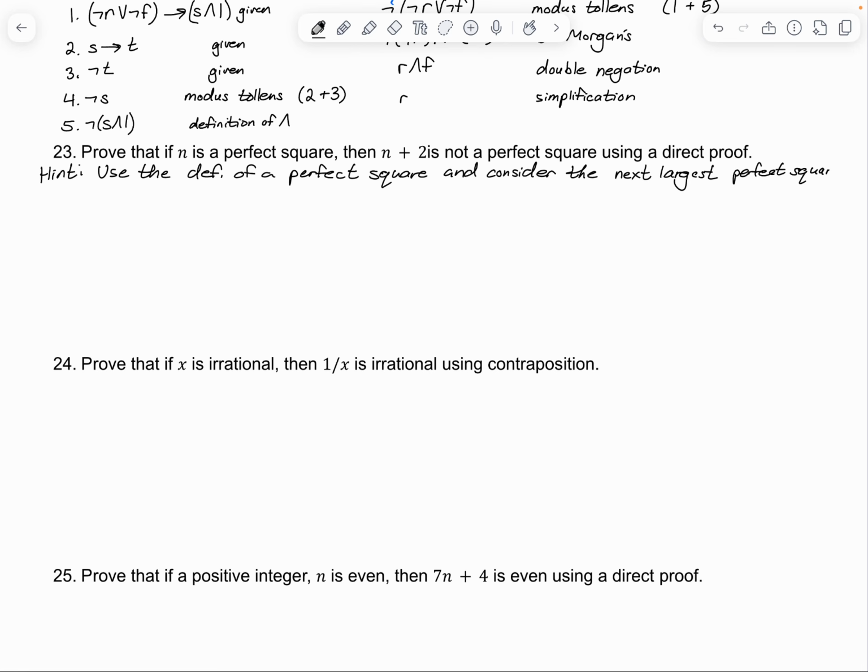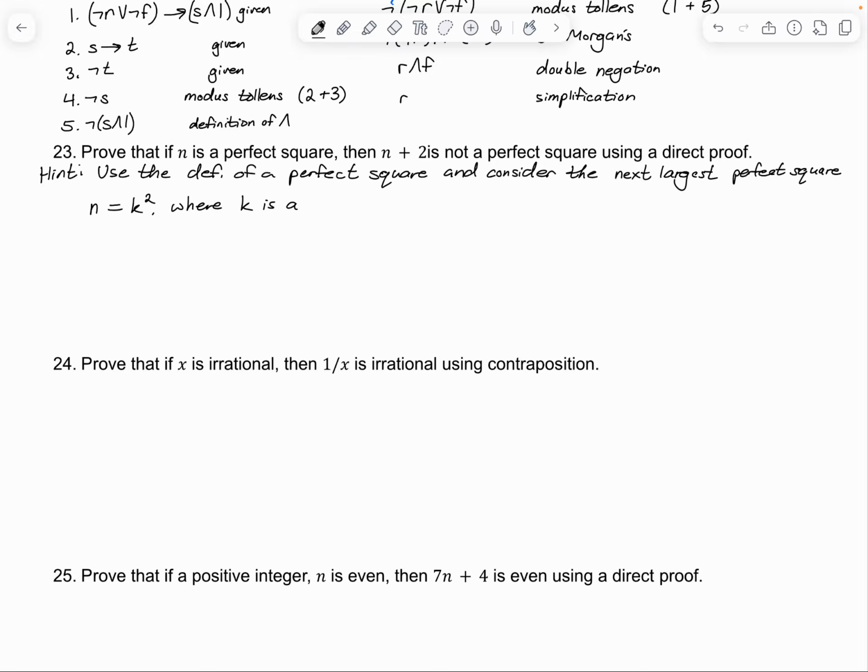Okay. A perfect square, if you don't remember, is just a number that has a nice square root. So 4, because the square root is 2. 9 is a perfect square. The root is 3. 16, which the root is 4. So the first thing I need to do is establish that n is a perfect square. So n is equal to k squared, and I need to specify where k is.